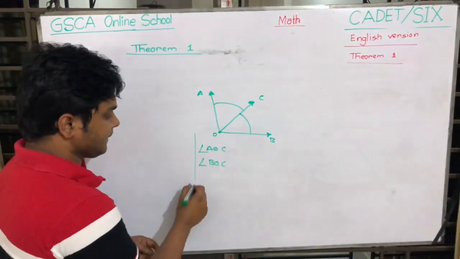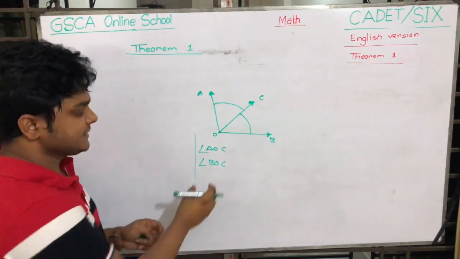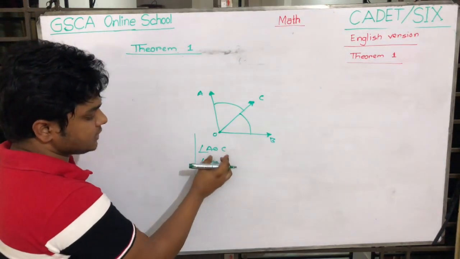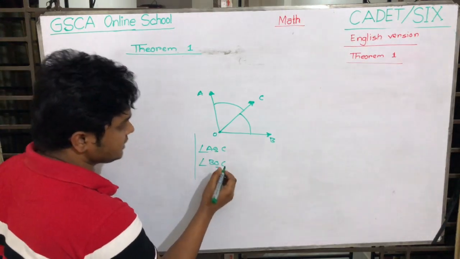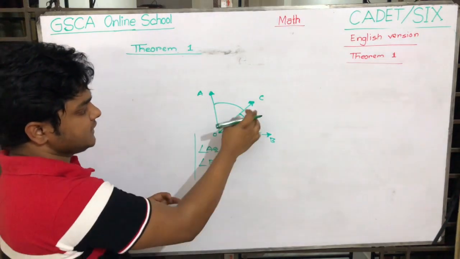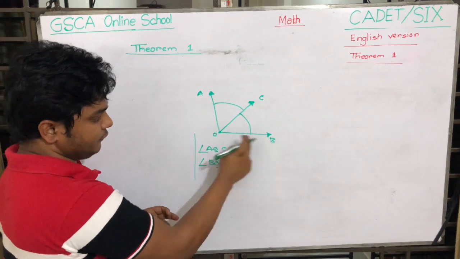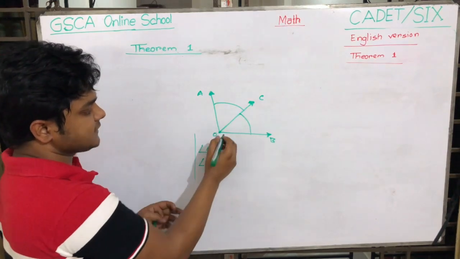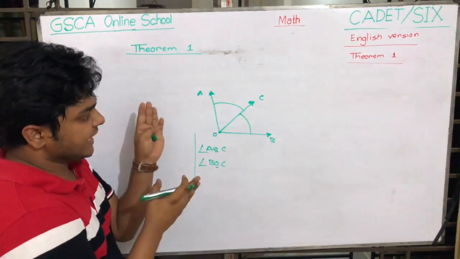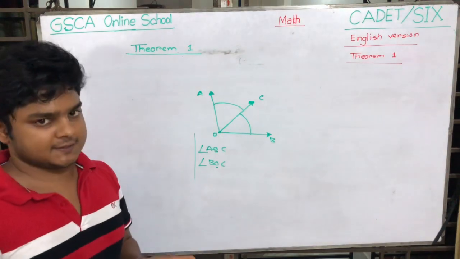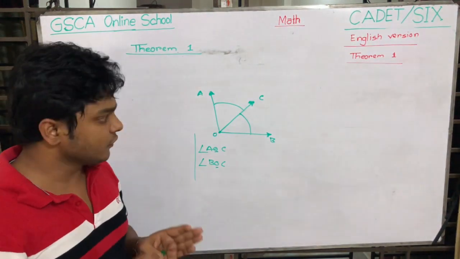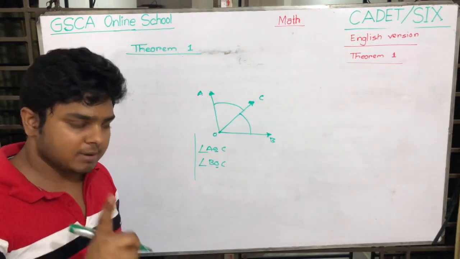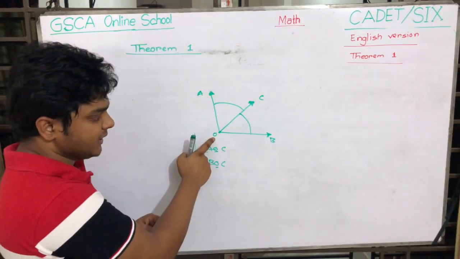What is the common thing between the two angles? Here you can see O is common. If we call AOC, O is there. If we call BOC, for both the angles O is the common vertex. So for adjacent angles, of course there should be a common vertex.